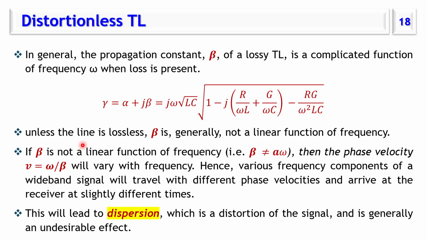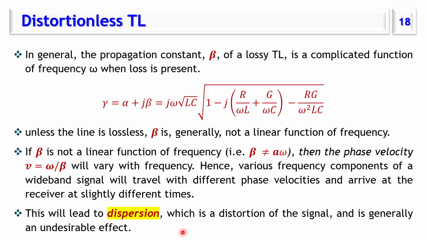If the transmission line is lossy, beta will not be a linear function of frequency, which means that for different frequencies we have different propagation constants. This kind of behavior causes a distortion to the signal, and this distortion is very important. It's called the dispersion of the transmission line.